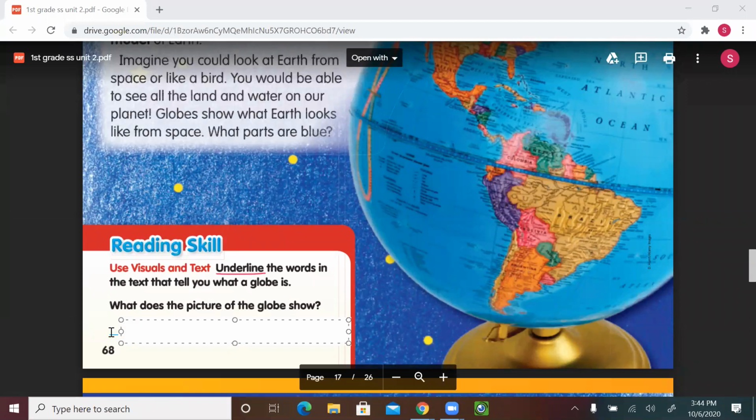What does the picture of the globe show? It shows land and water on Earth. Okay.